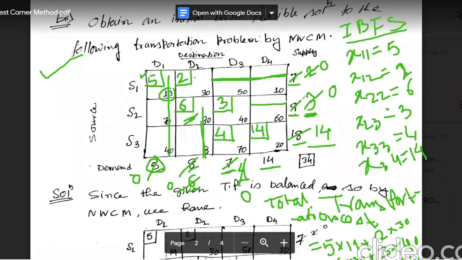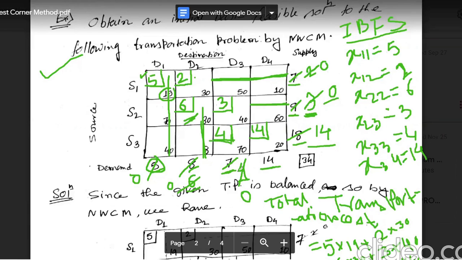Once 3 is allocated, the total supply is exhausted and becomes 0, so you cancel out that row. Then you move to the next. How much demand is left? Out of 7, 3 units have been supplied, so 4 units are left.